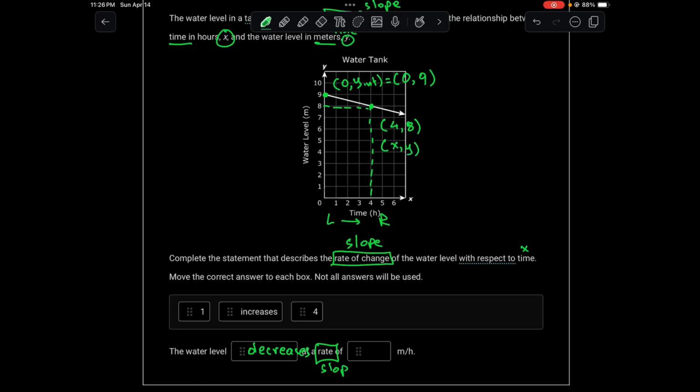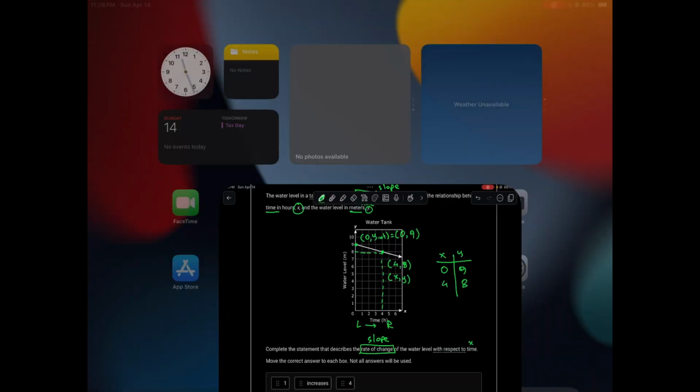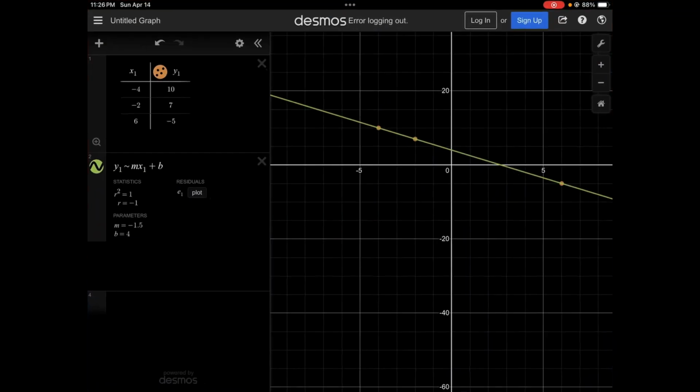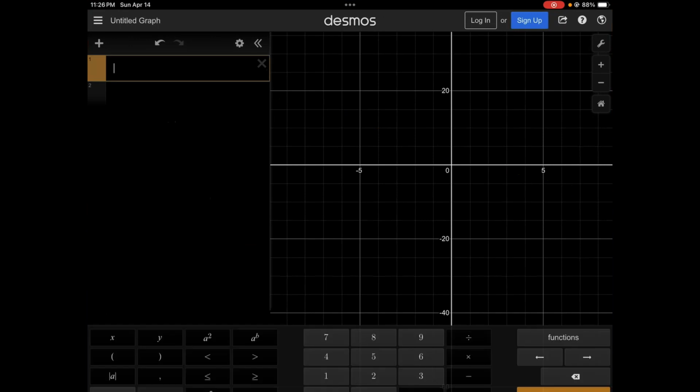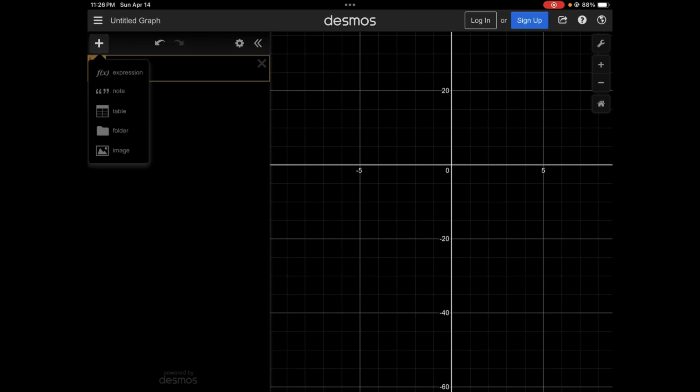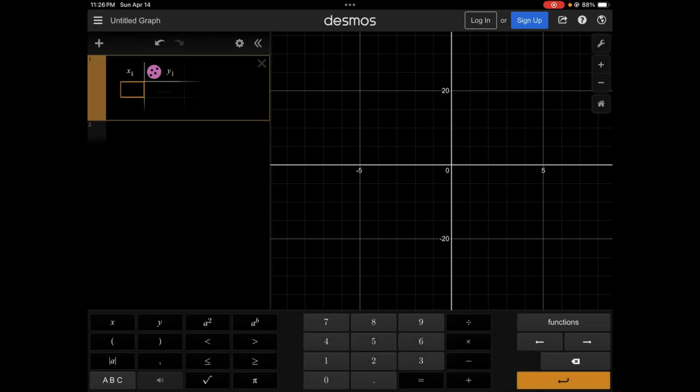Now what do we do with these points? I get a chart: 0, 9 and 4, 8. Once I have the chart, I can find the equation, and of course that means I can find the slope as well, and everything.